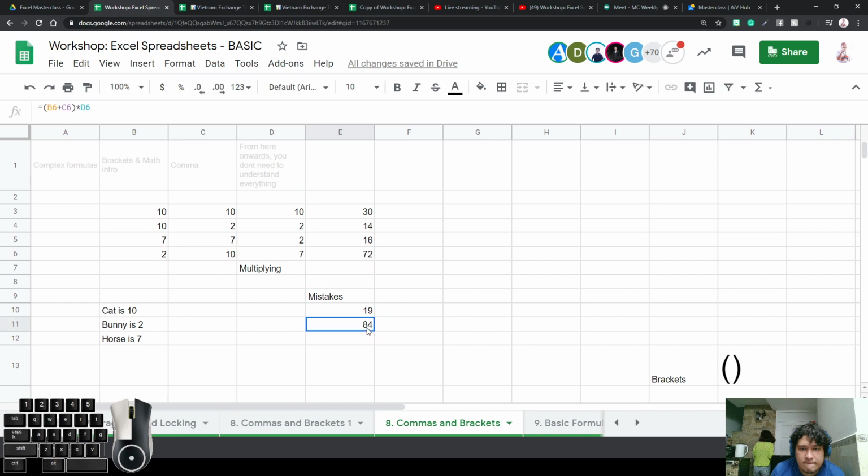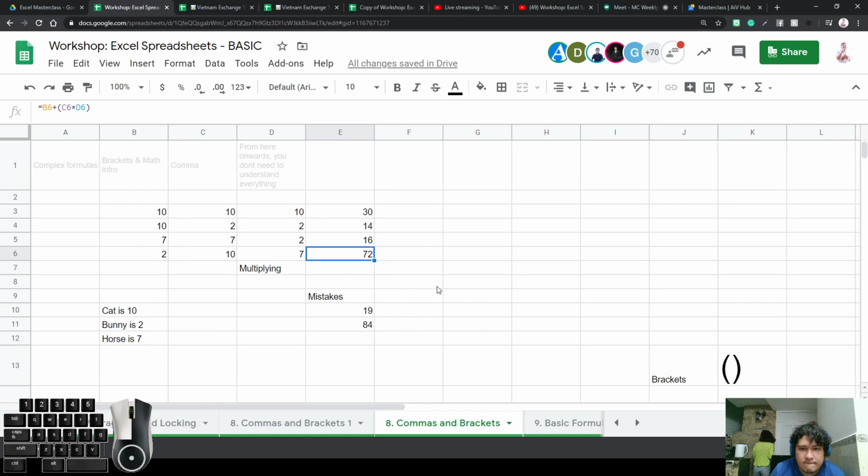That's basic math. But because I put the bracket, the sum happens first. So I first summed B6 plus C6, 2 plus 10, and then the result was multiplied by the horse, the 7. So maybe that's why people got some mistakes, or I don't know how people got 56 or the others. But yeah, the correct answer is 72.